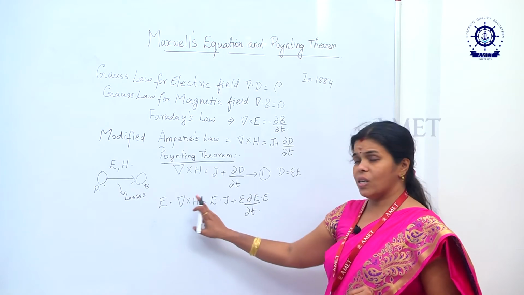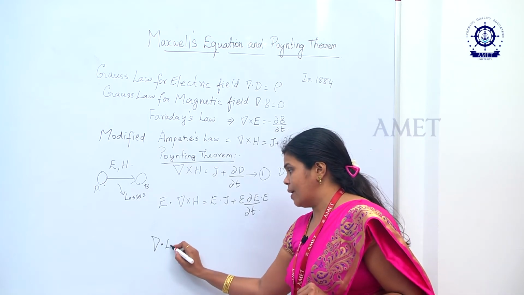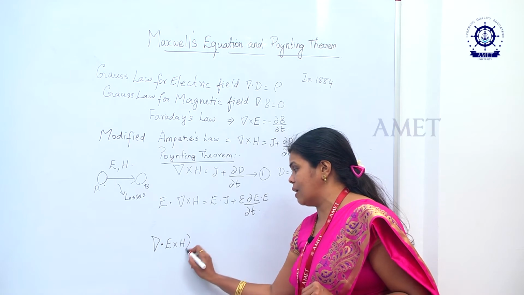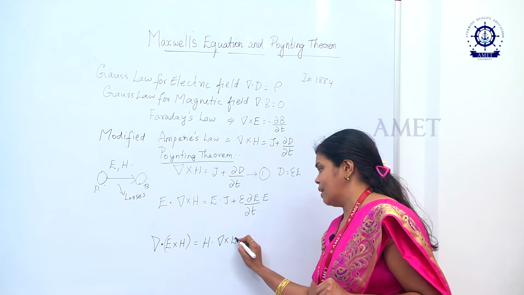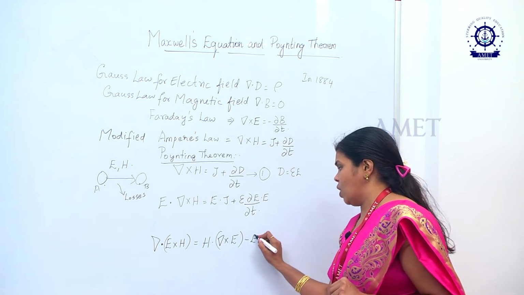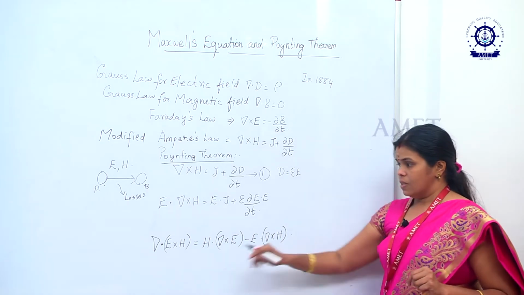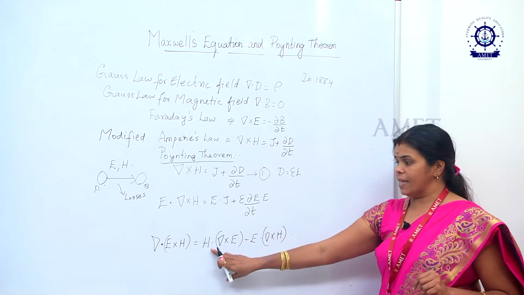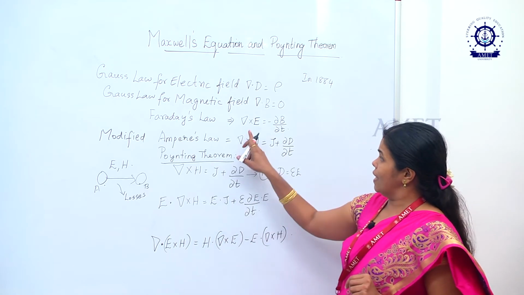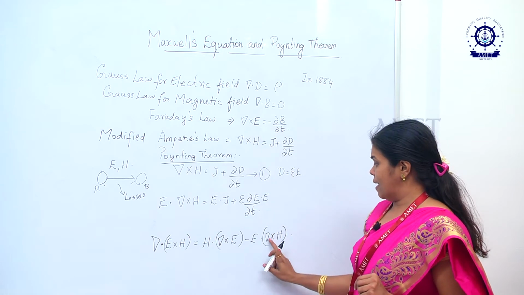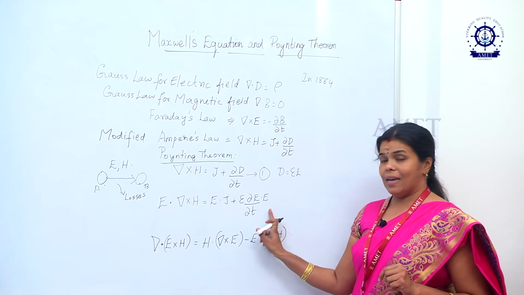So if you are having two vector fields, that can be written as, so del dot E cross H, which is equal to H dot del cross E minus E dot del cross H. So we are having the equation del cross E is here, then del cross H is there. So based on this equation we are going to modify the above equation.